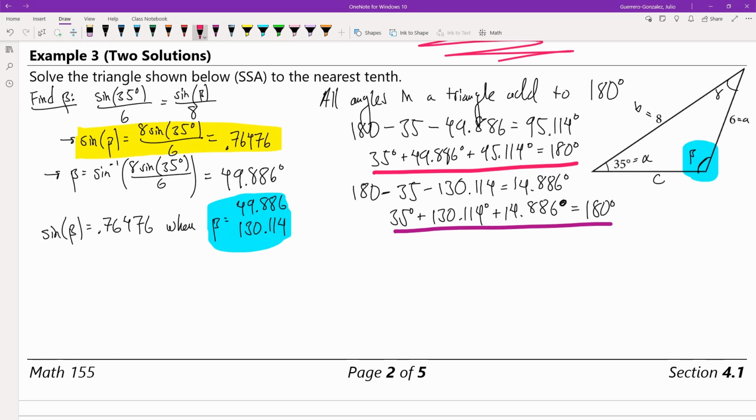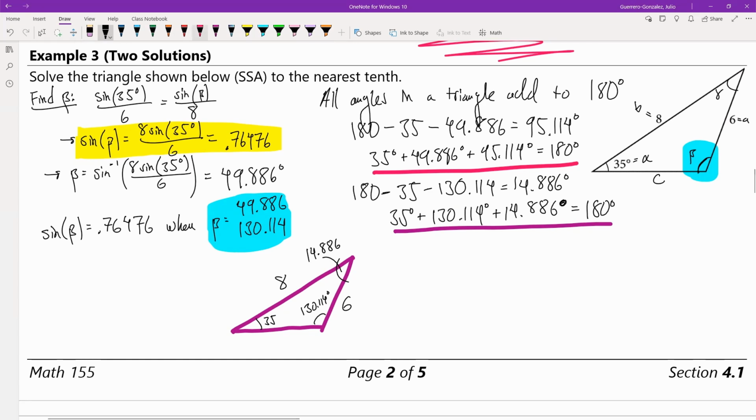The first one has these measurements: this one is 35, this one is 130.114 degrees, and this one up here is 14.886, on top of this side being 8 and this side being 6. This is a valid triangle for us to solve out.